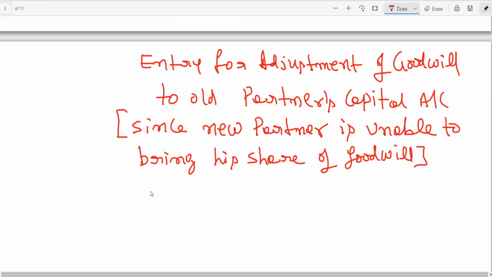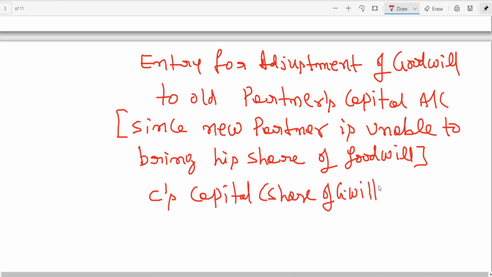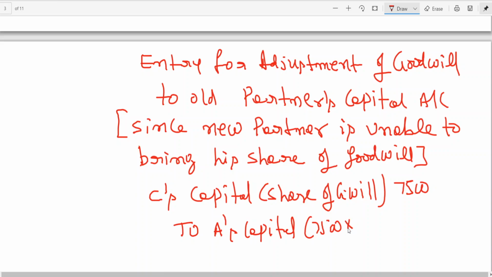The entry will be: new partner's capital account, C's capital account, share of goodwill, 7,500, to old partners, A's capital. The 7,500 will be distributed in their sacrificing ratio, that is 3 by 5. So you are getting 4,500 to B's capital.